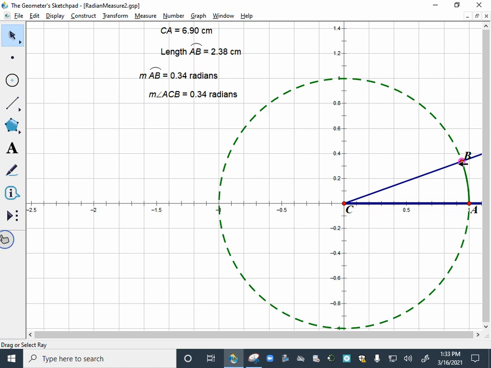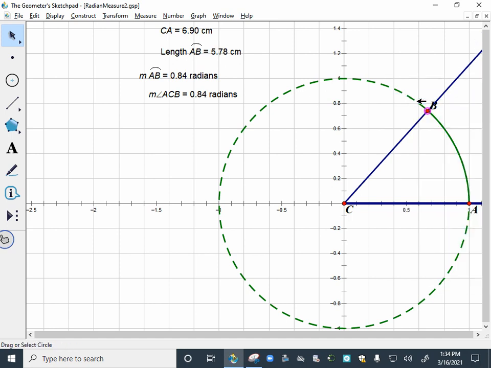It's 6.9 centimeters. And the idea is if we take this angle of rotation and start turning the terminal side around the circle in a clockwise direction, and we go until we cut off an arc on the circle that is equal to the radius of the circle.